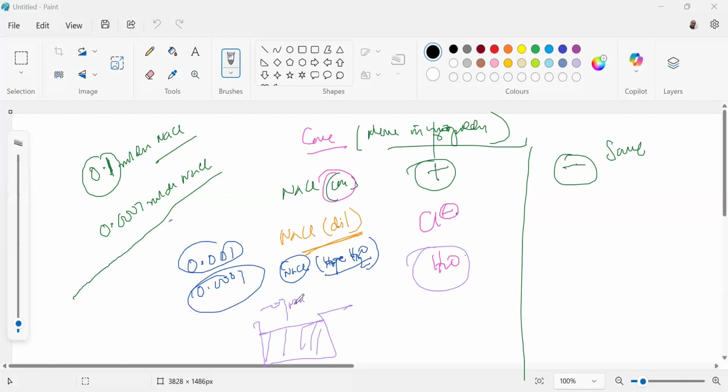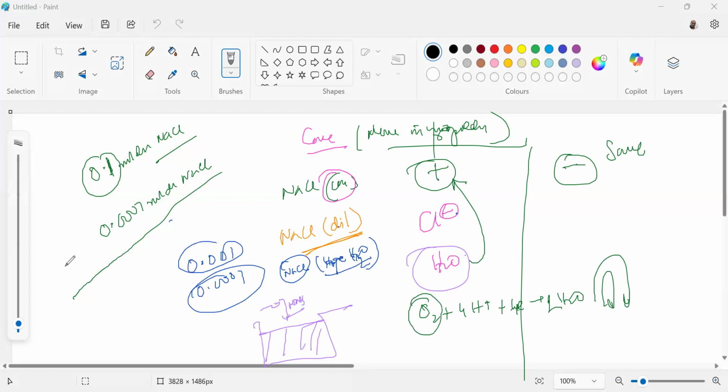So what happens? H2O will be going. And what reaction to pick up? We have to pick up this reaction: O2 plus 4H plus 4e gives you 2H2O. You have to flip this. And what is obtained? Oxygen is obtained.